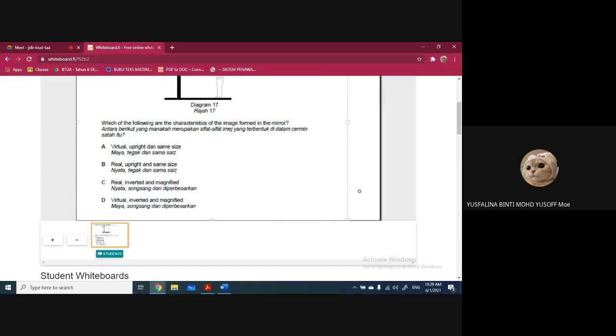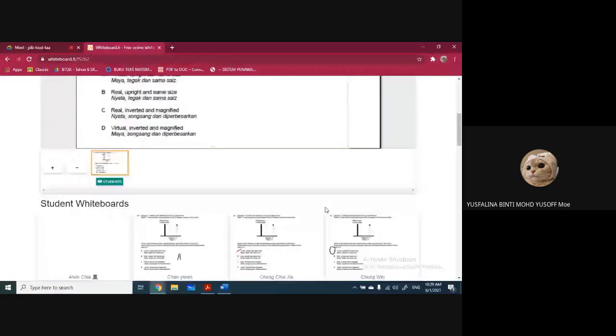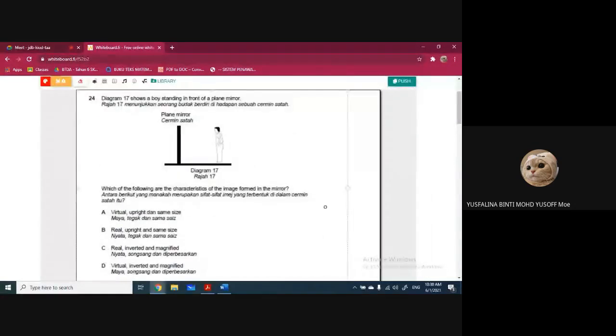The answer should be virtual, upright and same size. Other than that, you can say laterally inverted. So number 24, the answer is A.